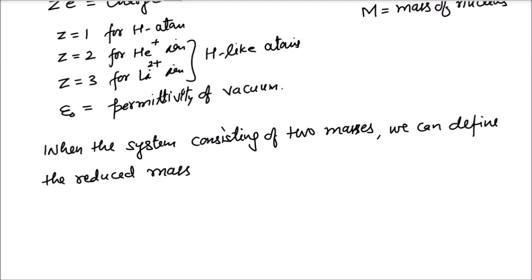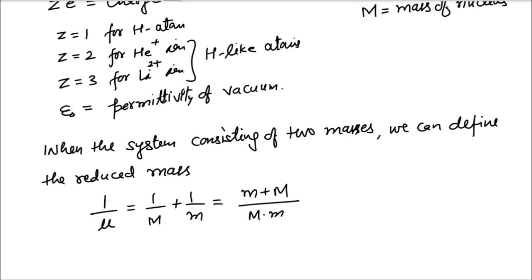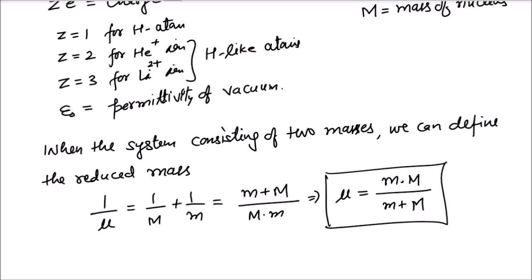One has capital M mass, other has small m. So reduced mass: 1 upon mu equal to 1 upon capital M plus 1 upon small m. That implies reduced mass mu is equal to small m into capital M divided by small m plus capital M, where capital M is the mass of the nucleus and small m is the mass of the electron.